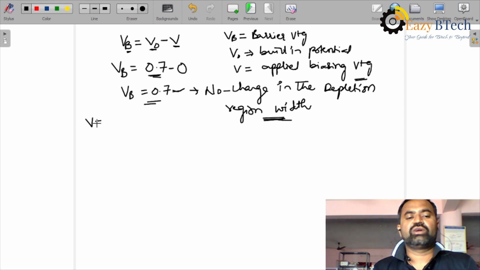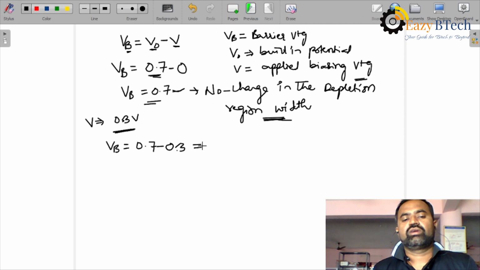Suppose the applied voltage is 0.3 volts. Now you are applying the external biasing voltage 0.3. Then the barrier voltage is 0.7 minus 0.3. Then you will get 0.4 volts.